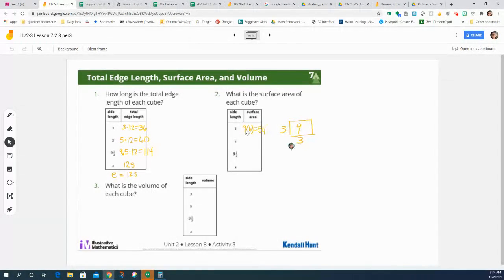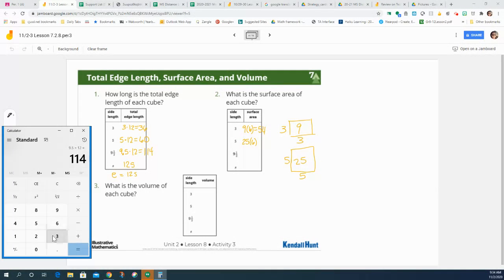And then the next one is going to be a little bit bigger. It's going to be a 5 by 5, which is 25. So now we take the area of 25 and multiply it by 6. Maybe some of you know this in your head, it is 150.